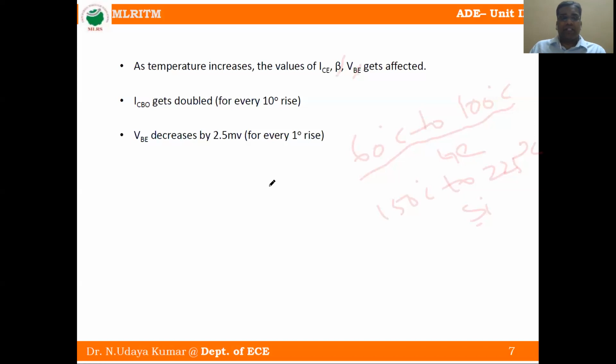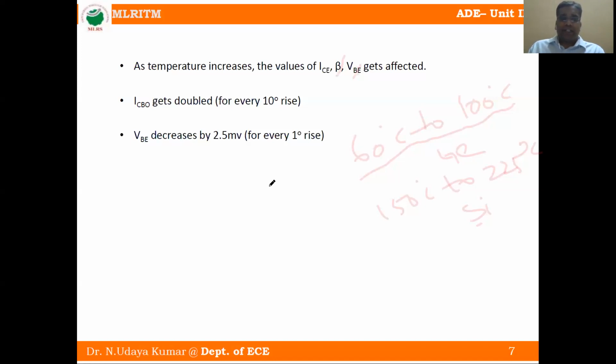If collector current increases, the transistor gets heated. If the transistor gets heated, the reverse current also increases. That is due to thermal runaway. Thermal runaway means going from one point to another to another. That is called runaway. It is a cycle.